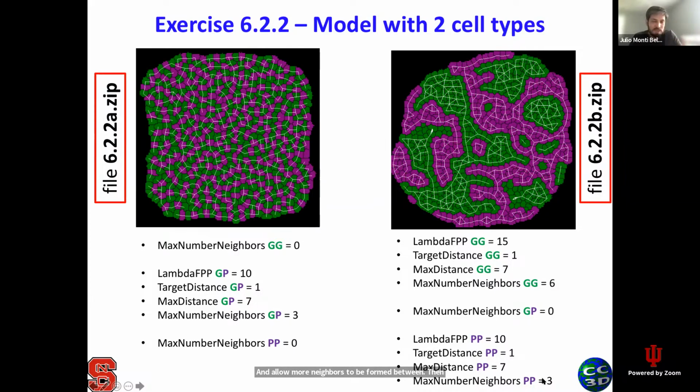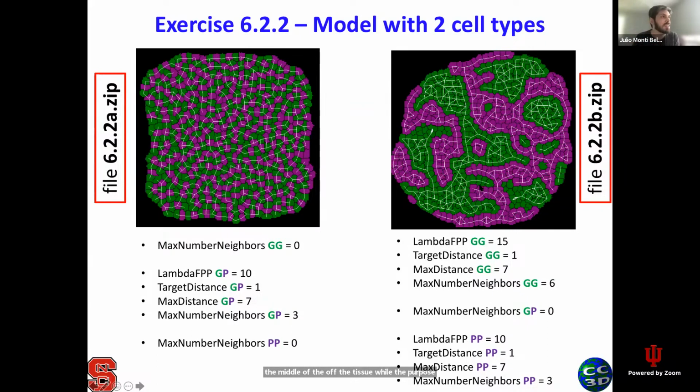So the purple cells want to cluster together, but the green cells cluster together more strongly. My hope with that was that the green cells will sort toward the middle of the tissue, while the purple cells will go more towards the outside.